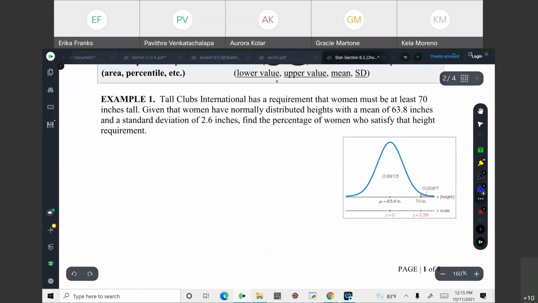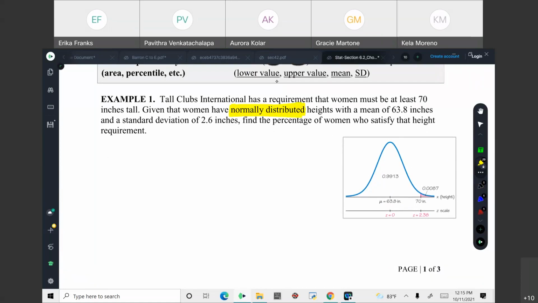So let us do one problem here. Now this is related to x-score. So how do I know it is related to x-score? Is it because I'm doing chapter 6.2? No, it is because in your problem, it is clearly mentioned it is normally distributed.